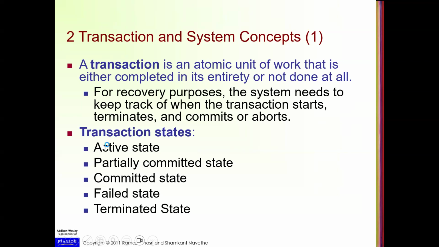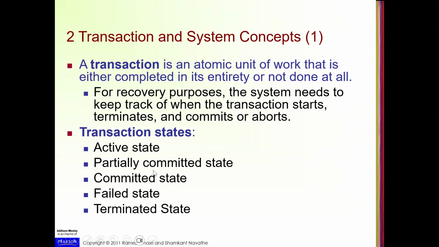The second one is when it is active, it is doing some work, so it saves this half work. This is called the partially committed state. After completing the work, it will save the state of the transaction to the disk. This is called the committed state.